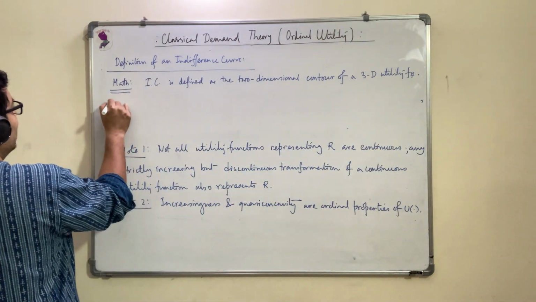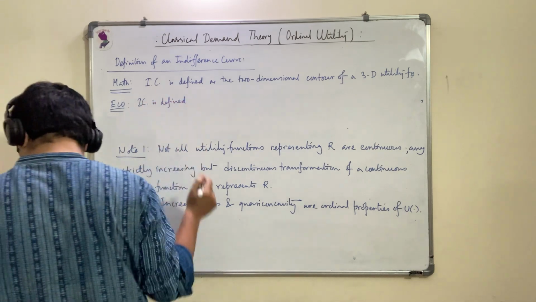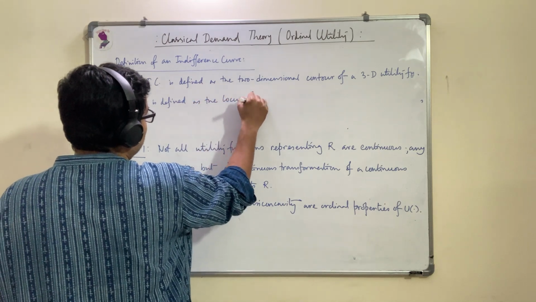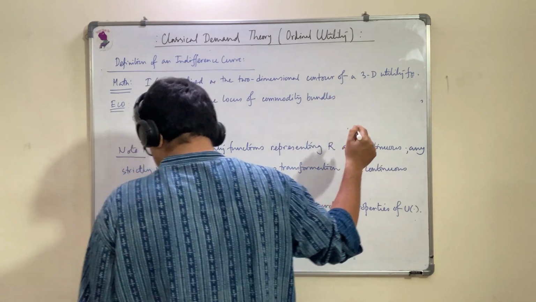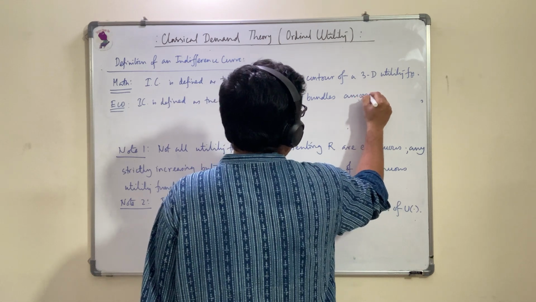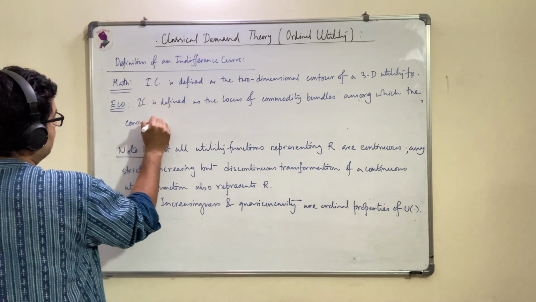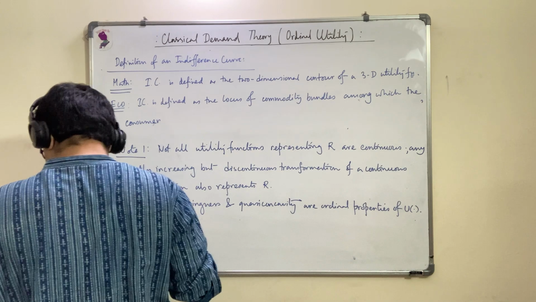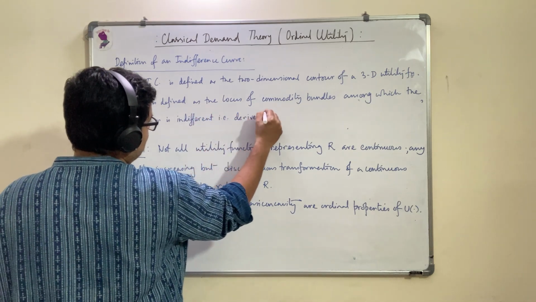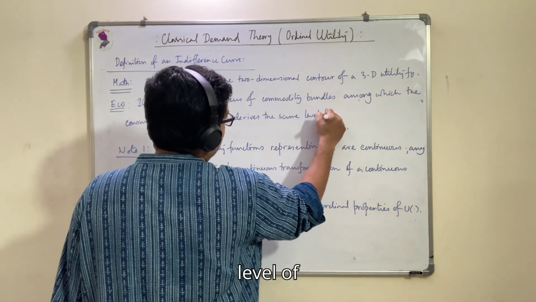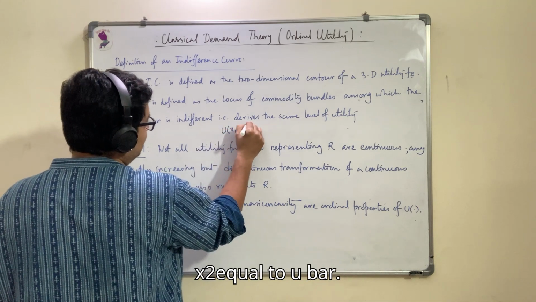And in terms of our subject, IC is defined as the locus of commodity bundles among which the consumer is indifferent, that is, derives the same level of utility. Okay. So U of x1 comma x2 equals U bar.